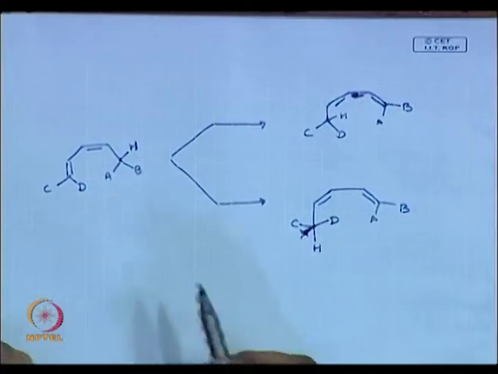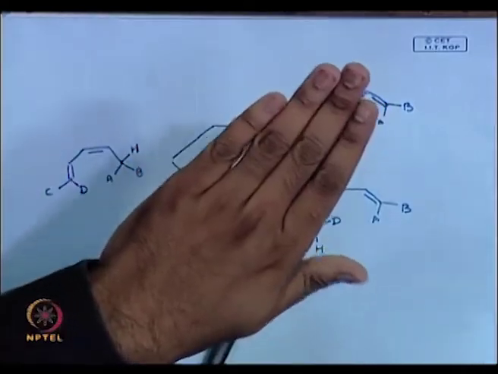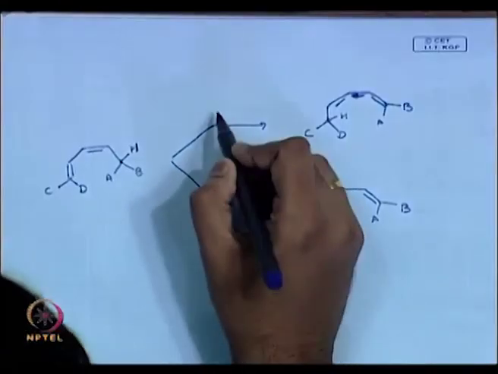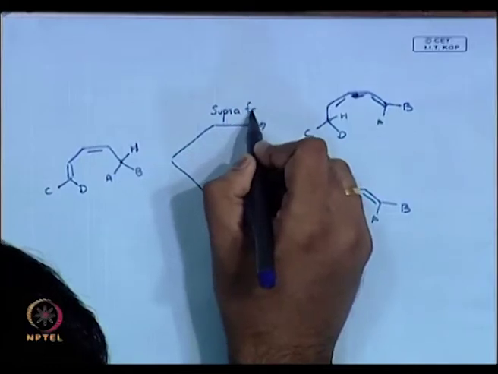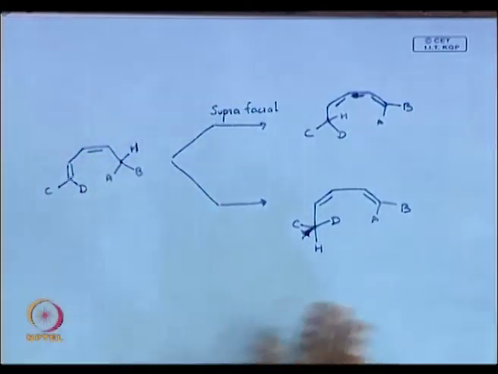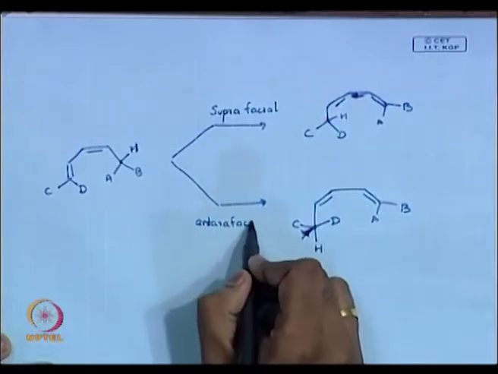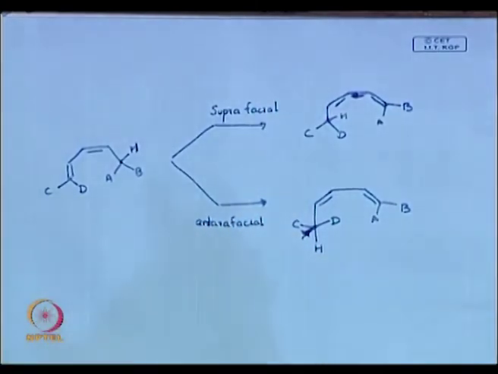Now, in one case you see your hydrogen has gone to the same face. In another case you see the hydrogen has gone down, in the opposite face, right. A sort of inversion has taken place. In one case it is on the same face, so that you call suprafacial, where your hydrogen went to the same face without disturbing. Another case you call antarafacial. See, slowly bringing stereochemistry into this shift, that is all.